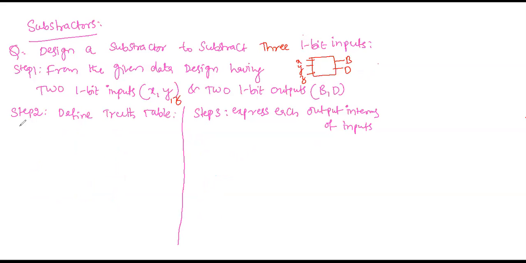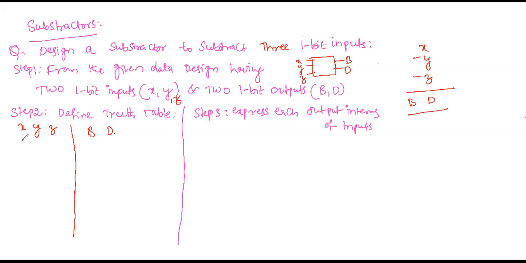So define the truth table. We have the three inputs X, Y, Z, and borrow and difference. You have to do X minus Y minus Z, and write down the borrow value and the difference value in this truth table.